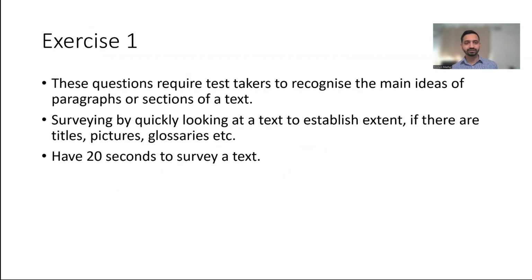All right, let's get into this. So first activity: do these questions require test takers to recognize the main idea of the paragraph or sections of the text? First we'll start with surveying by quickly looking at the text to establish the extent, how much of the text has been presented to you, if there are titles, pictures, glossaries, etc., and you'll have 20 seconds to do that.